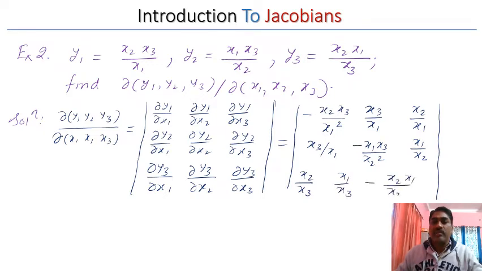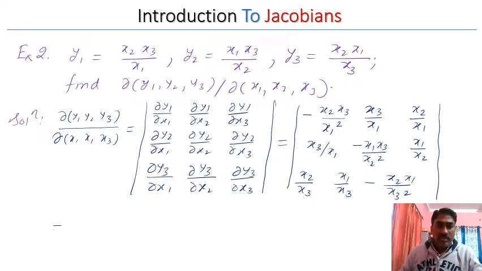So you know how to solve the determinant, but my suggestion for this question is to take 1 by x1 square common from the first row, 1 by x2 square common from the second row, and 1 by x3 square common from the third row.